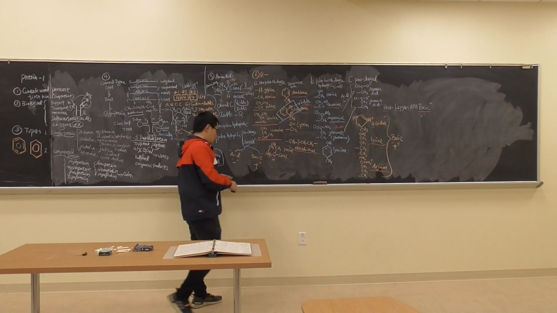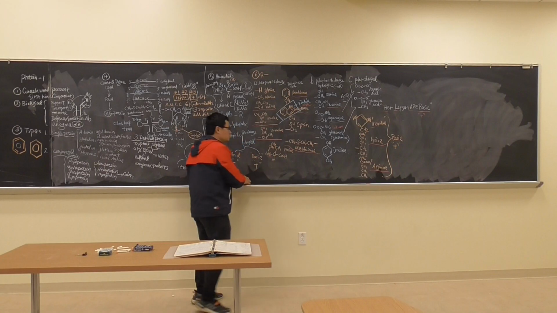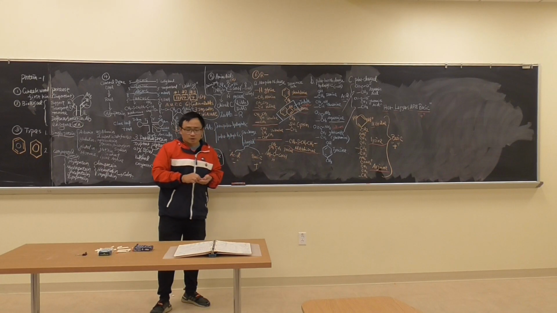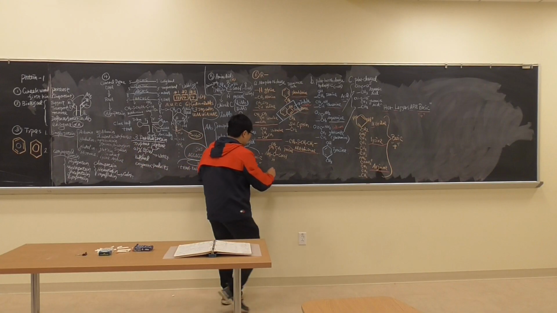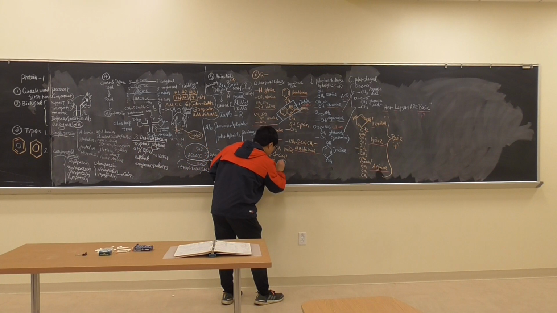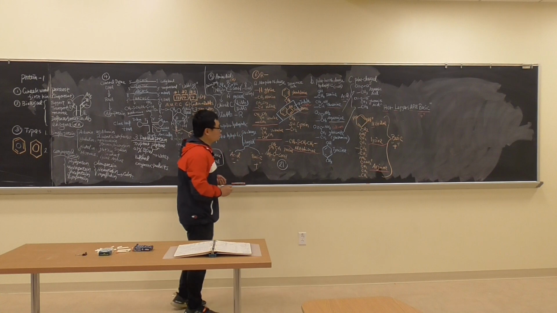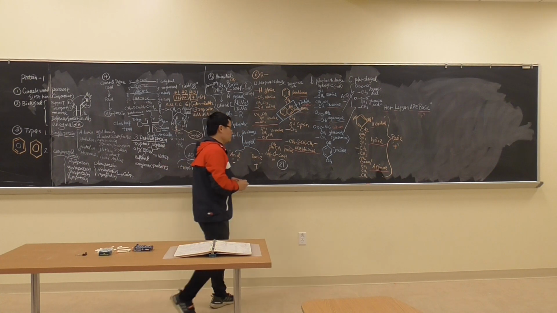Now, there's one thing we want to mention. If you look at your new biochemistry textbooks, they already start to talk about 21 amino acids instead of 20. So what's the last one?